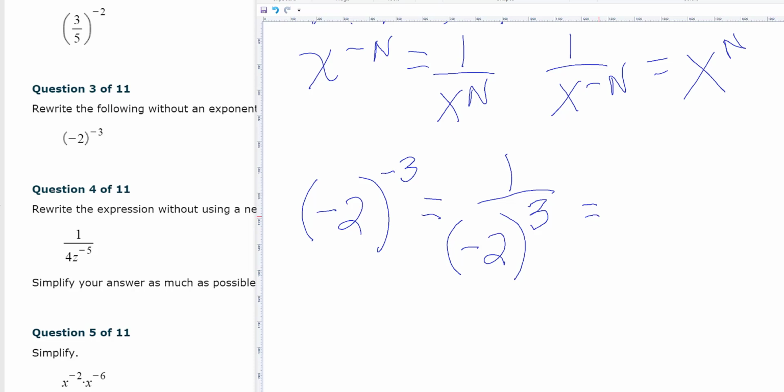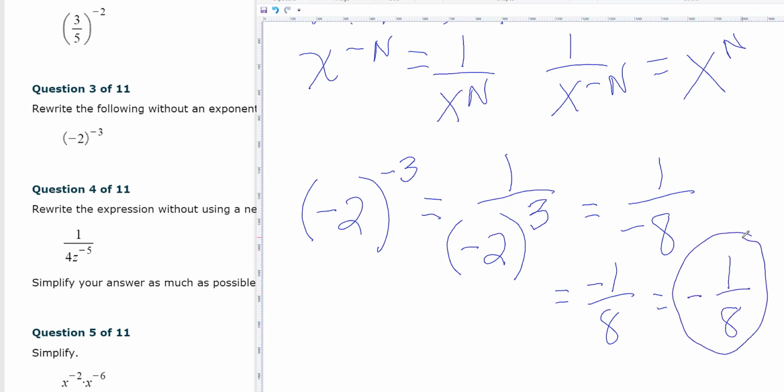Then we're going to get 1 over negative 8. Now the negative can be in the bottom, it can be in the top, or it can be even with the bar. And this is the most desirable version, but any of those is correct.